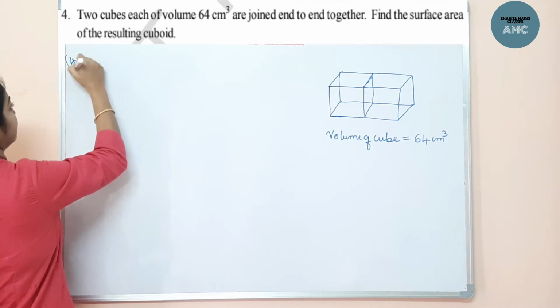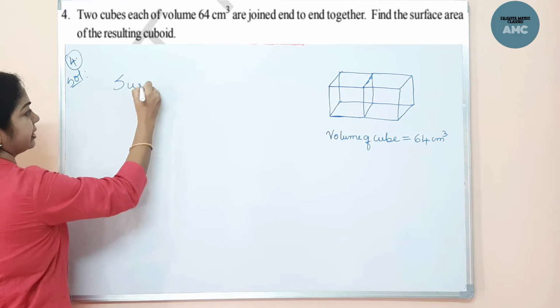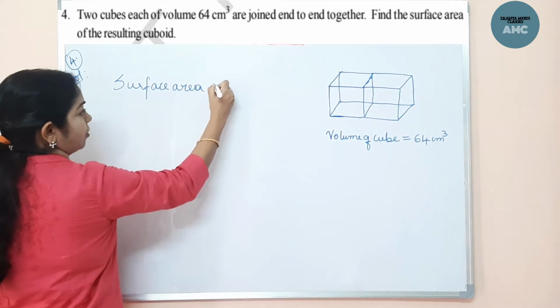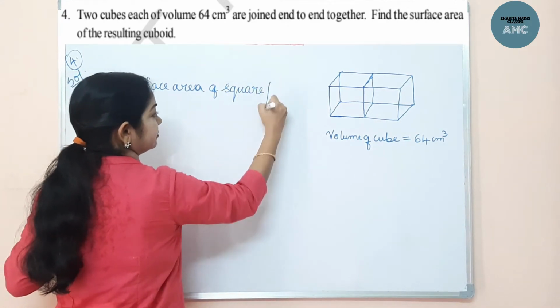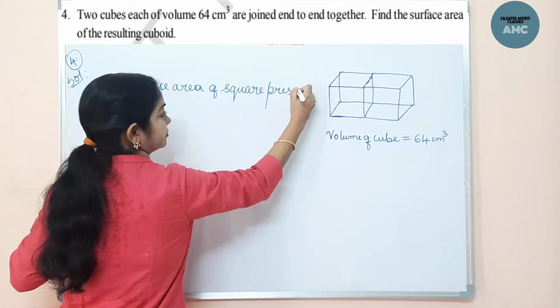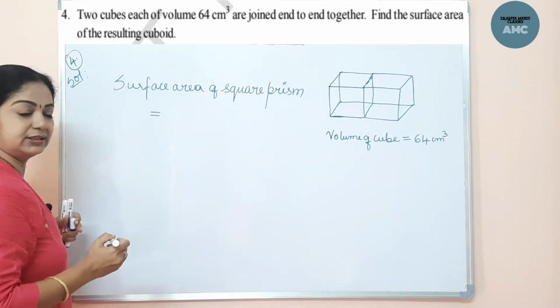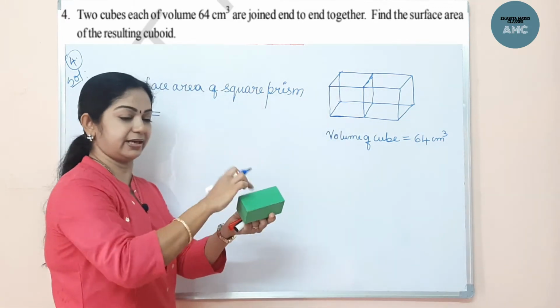Fourth one. Now this surface area of square pyramid or square prism is equal to LSA of these four rectangles, right?